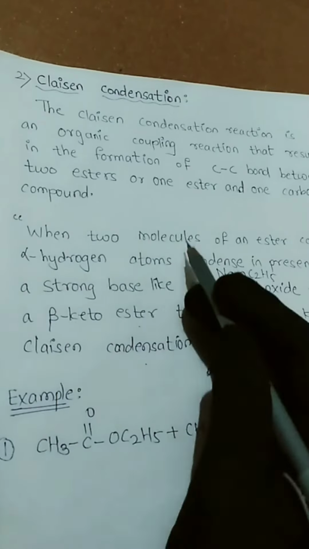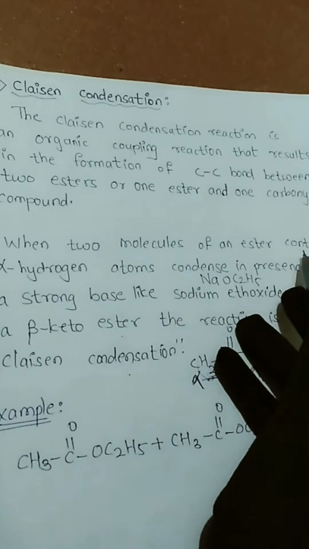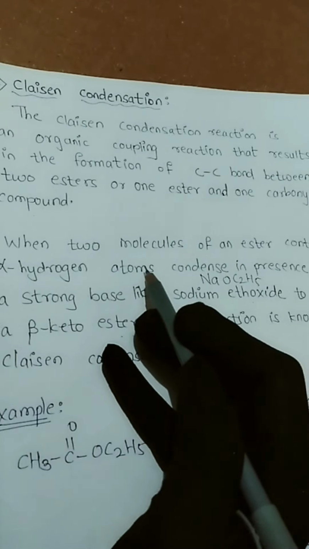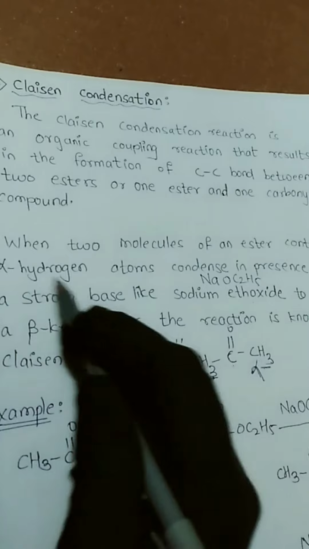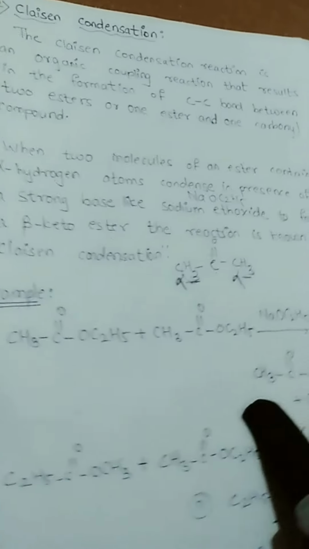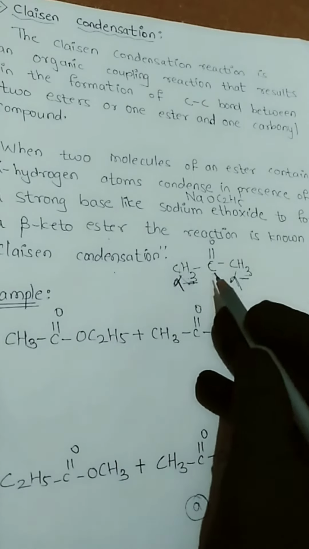When two molecules of an ester containing alpha hydrogen atoms. So let's understand what is meant by alpha hydrogen. I will take an example of acetone, which comes in the ketone family.